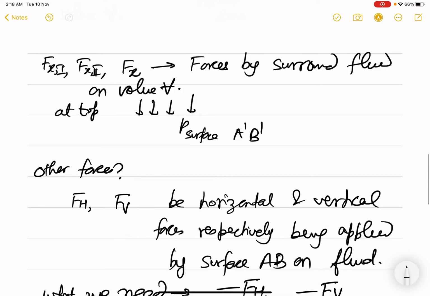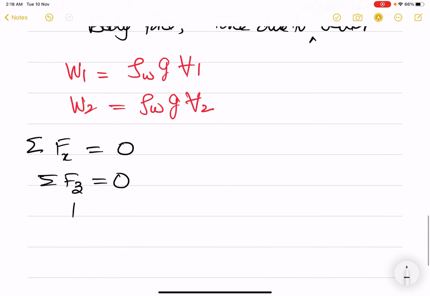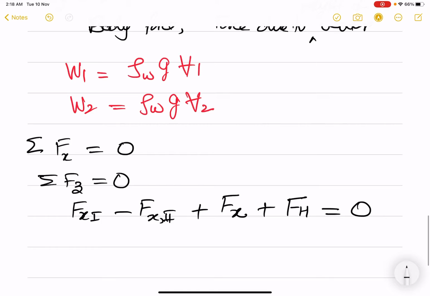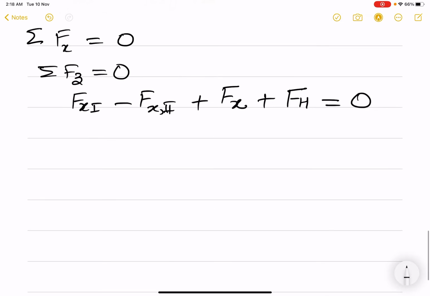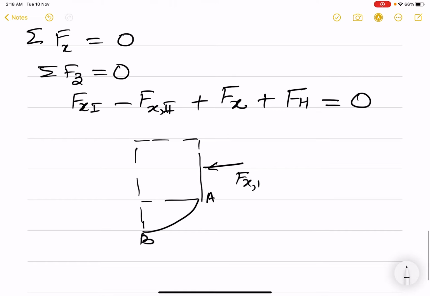So forces in the x direction are, so we have Fx1 minus Fx2 plus Fx plus Fh is equal to 0. So that means, let me just show this here on this graph. This is AB, this is Fx2, this is Fx1, this is Fx, and this is Fh.